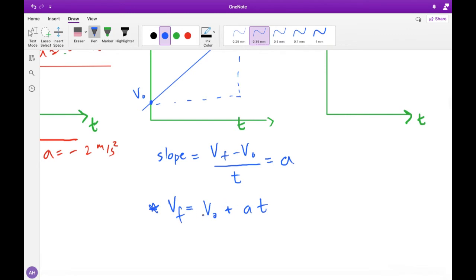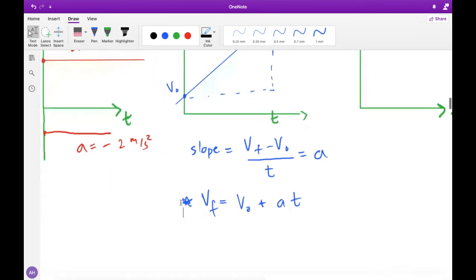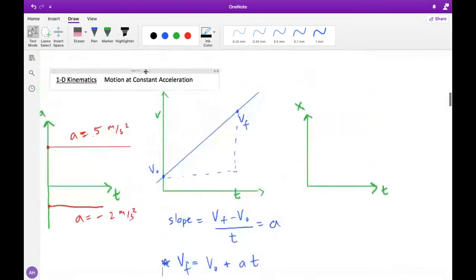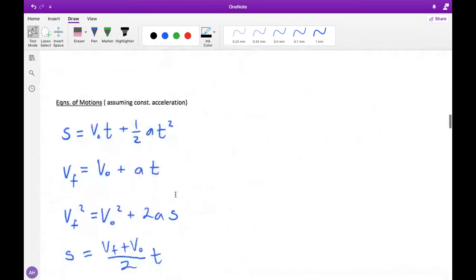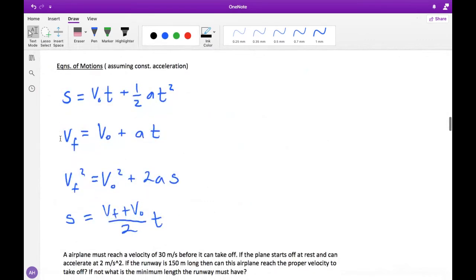This is one of the equations of motion that we can always use whenever the acceleration is constant. So if we look down here, that would correspond with this equation here.